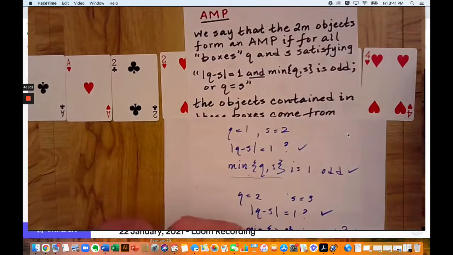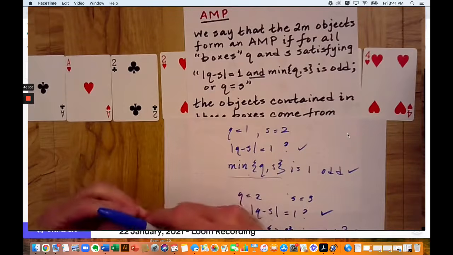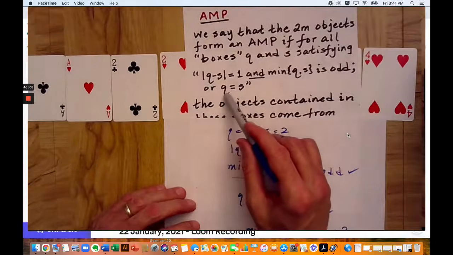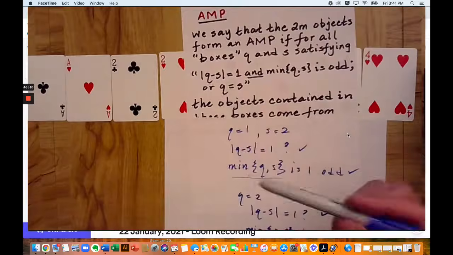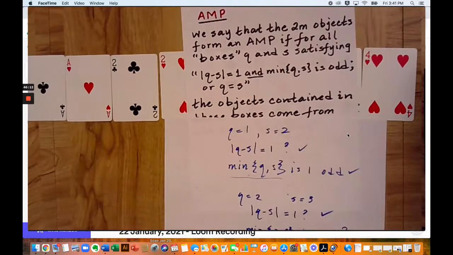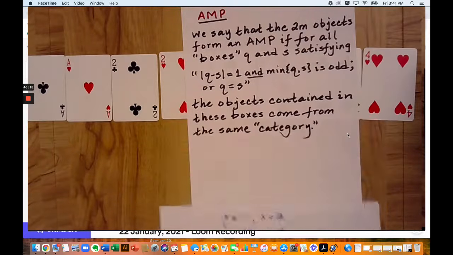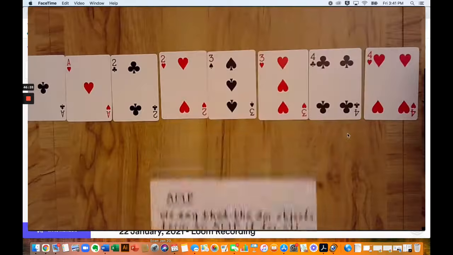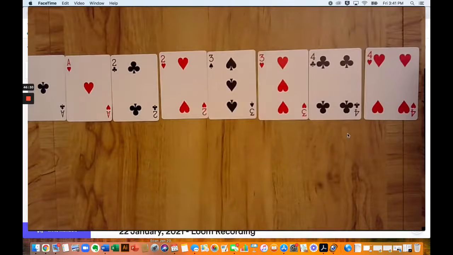And then to get a proper equivalence relation, we allow Q to be equal to S. And there's no danger in doing that, just having every card related to itself. It poses no difficulties for us. Okay, so that's what an AMP is.